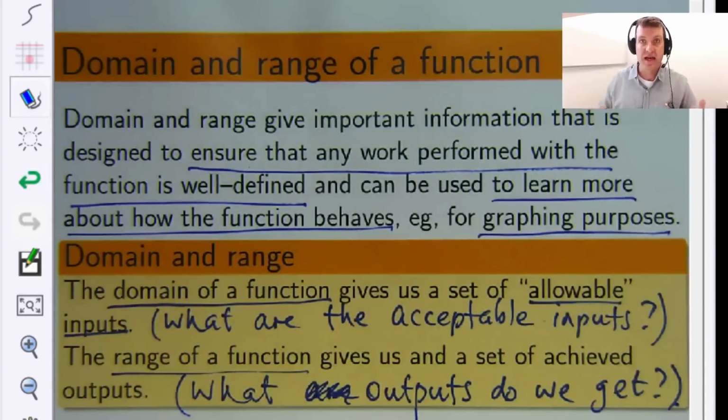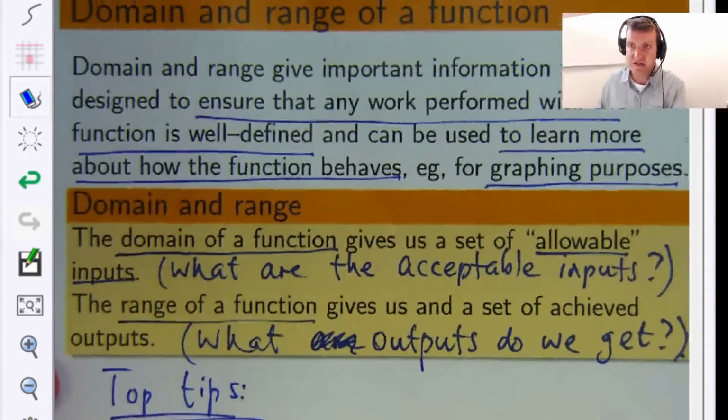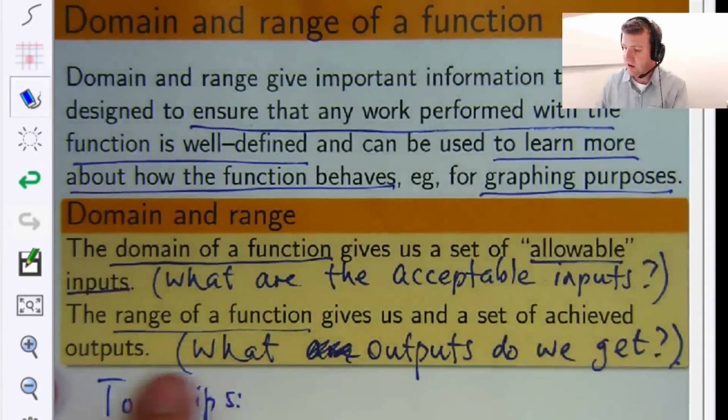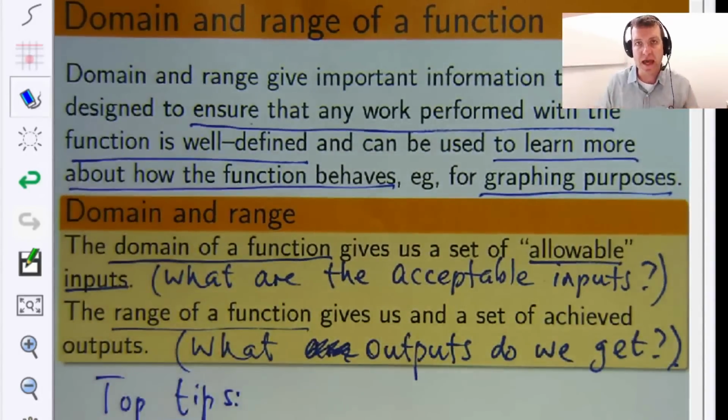What are the inputs, the x values that we can put into this function so that we don't break the function, like dividing by 0 or something like that? And the range of a function is the set of achieved outputs. So given an okay input, what kind of outputs can we expect from our function?